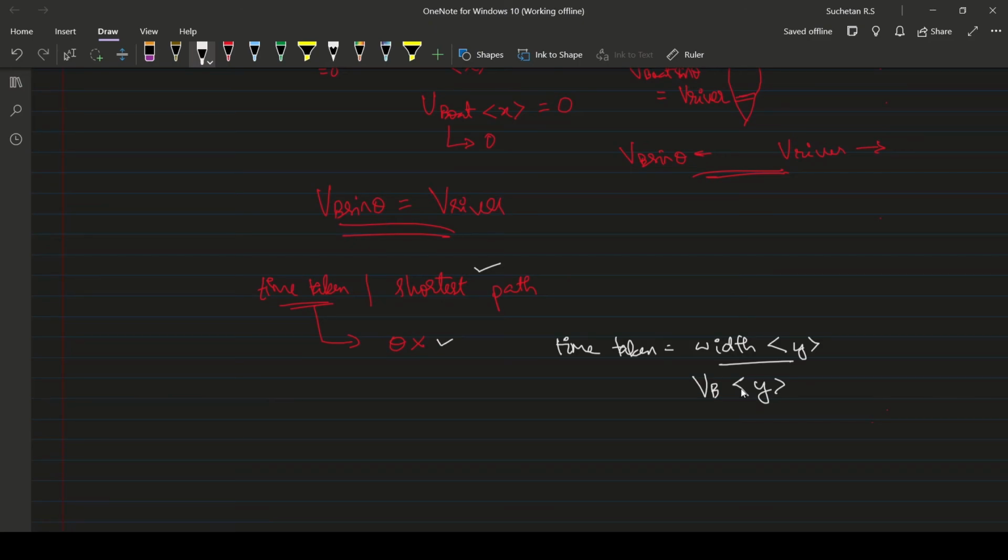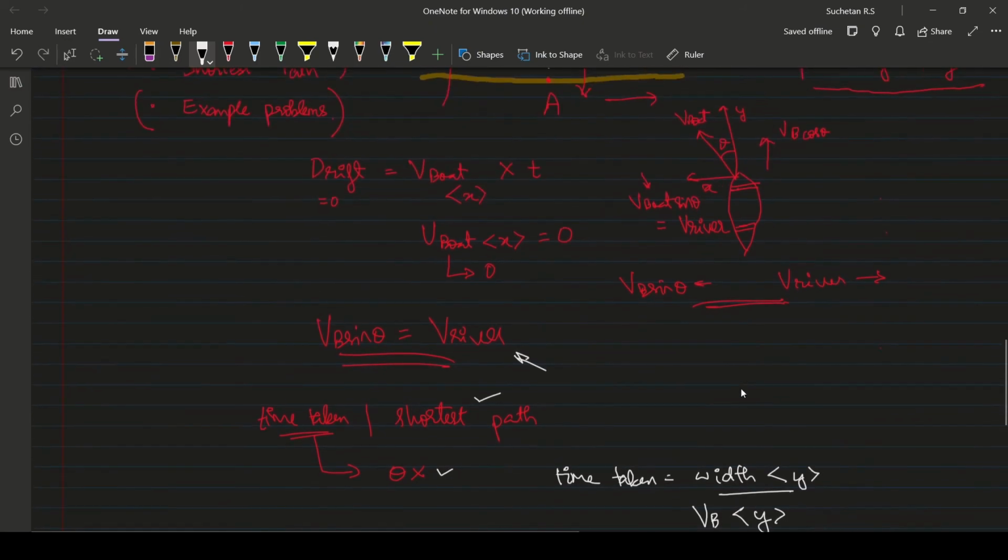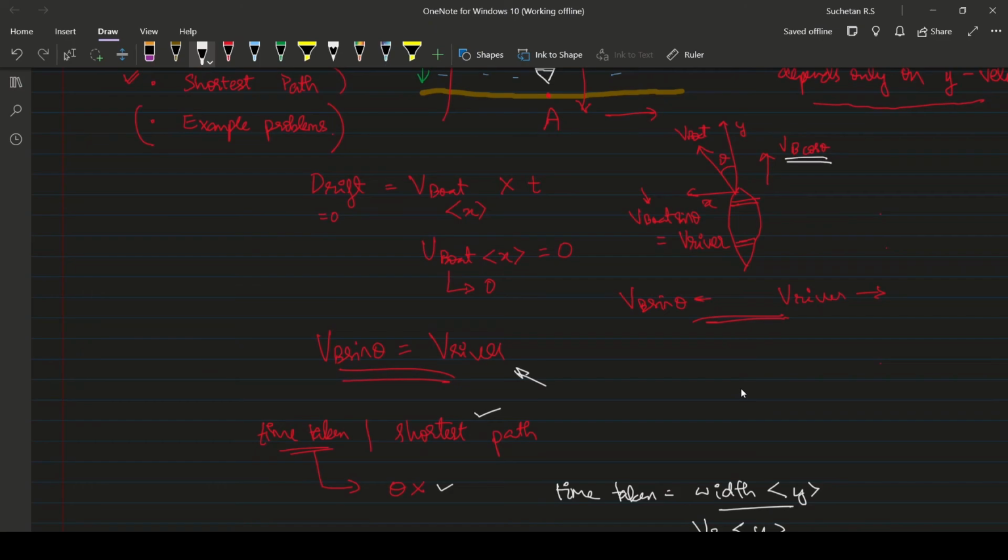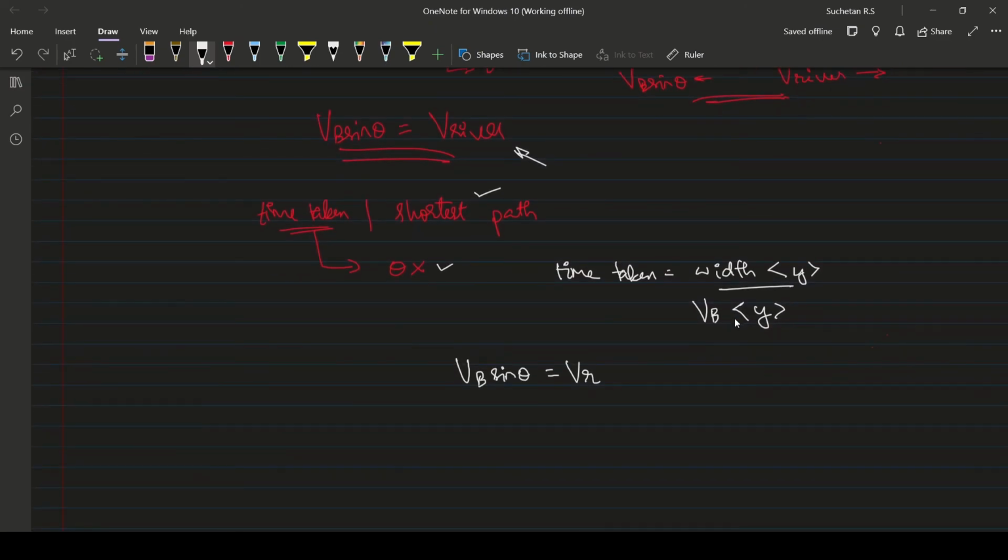When the shortest path is followed, the velocity of the boat sin theta is equal to the velocity of the river, so VB sin theta is equal to VR. And the velocity of the boat in the y direction in this case will be VB cos theta, right? So the time taken will be width divided by VB cos theta.